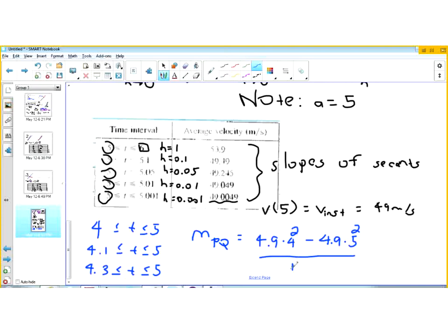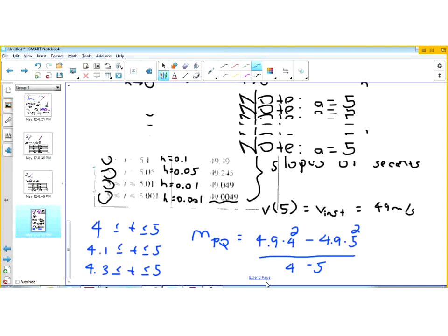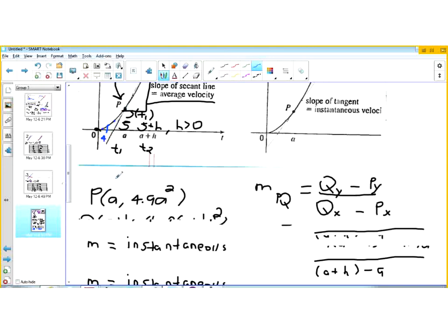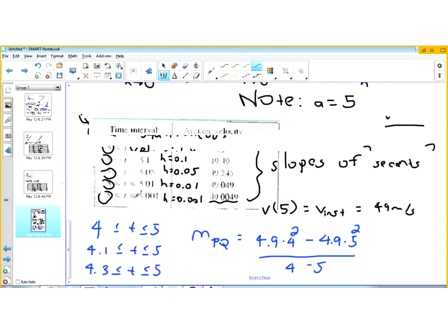But so will the denominator, so everything will stay physically correct. Okay, so there's the slope of the secant line where the abscissa of Q is, say, 4. So we could start right here at 4, and then we'll walk along the parabola up to P. You should verify that you'll get 49 meters per second when you go in this direction as well.